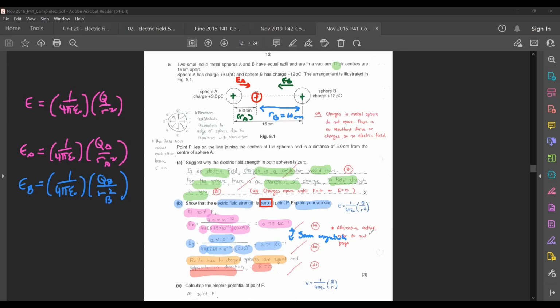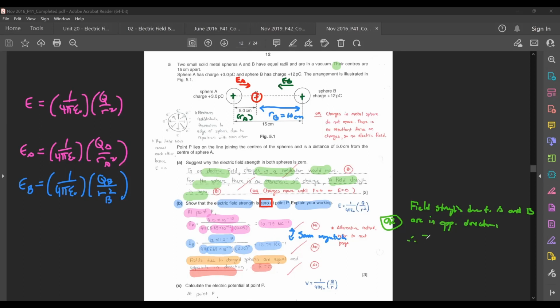If you want to do it another way, an alternative method, you first say that field strength due to A and B are in opposite directions.